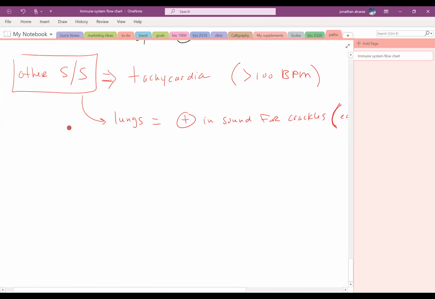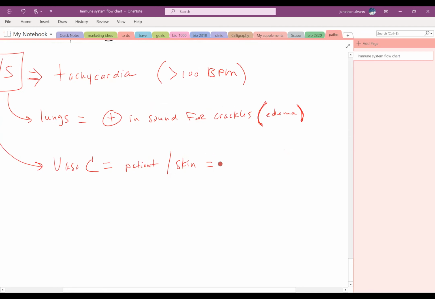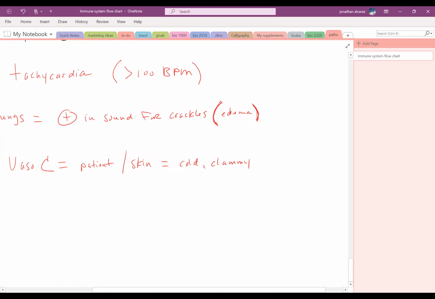And you can get vasoconstriction. And when you have vasoconstriction, the skin can be cold, clammy, pale.